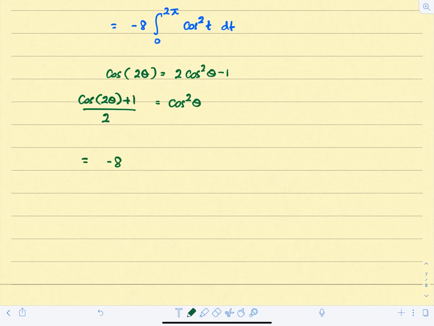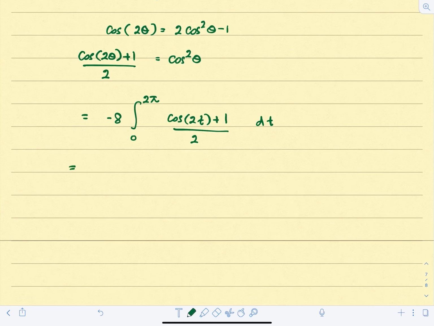You will get negative 8 times the integral from 0 to 2 pi of (cosine 2 theta plus 1) over 2 d theta. Sorry, we use t, so this should be t as well. Okay, so we have negative 8 over 2 times, integral of cosine 2t is sine 2t over 2, plus integral of 1 is t.